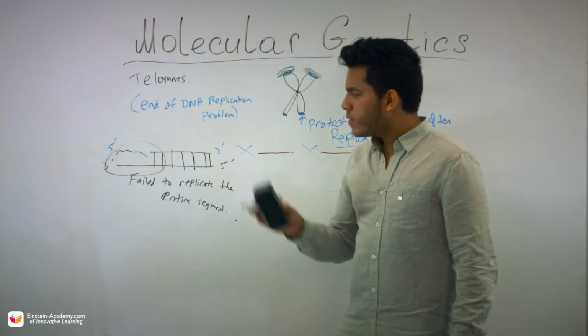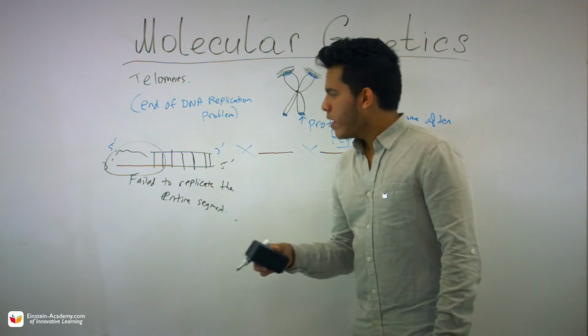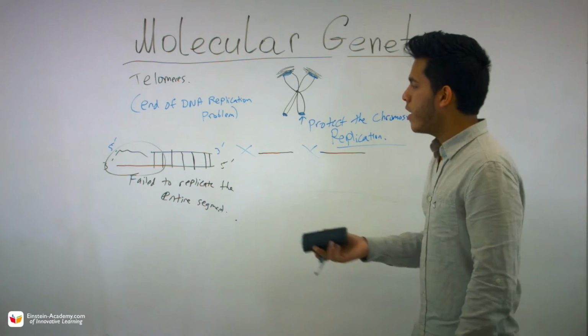A lot of teachers might tell you that telomeres explain cell aging, because of telomeric shortening, because we keep replicating our DNA.